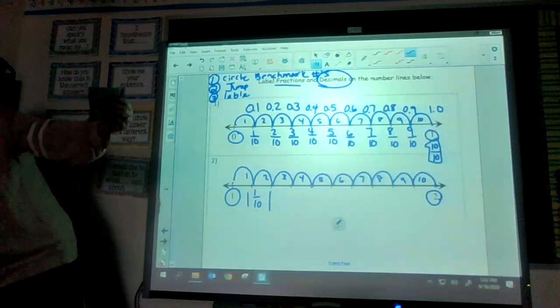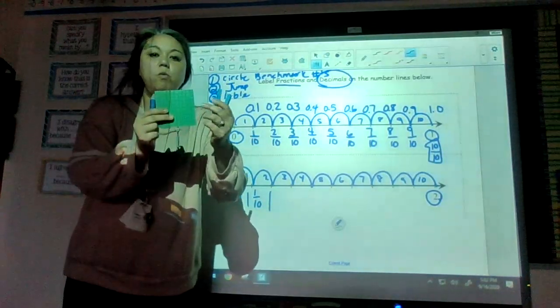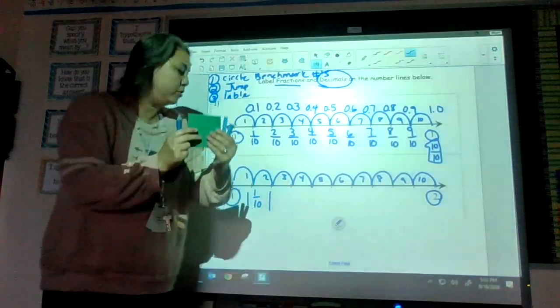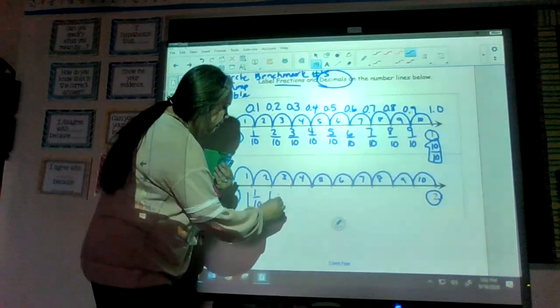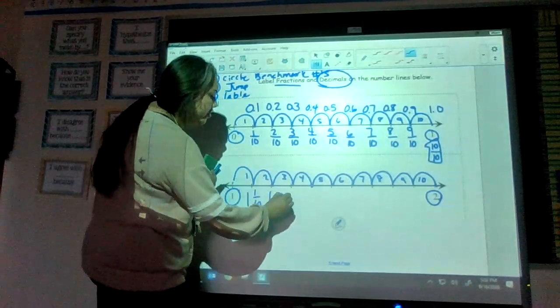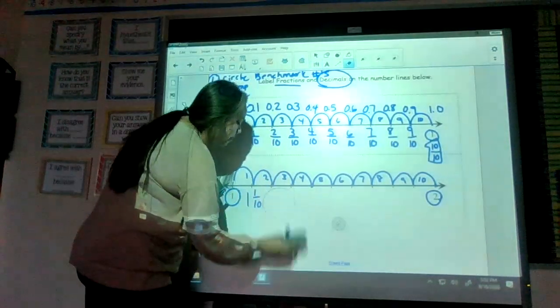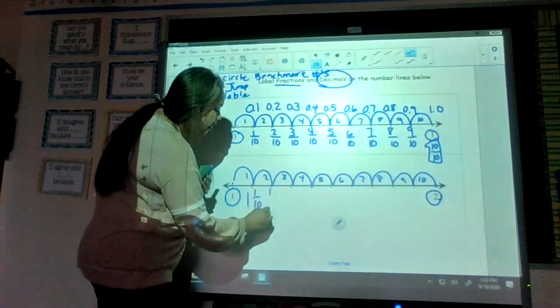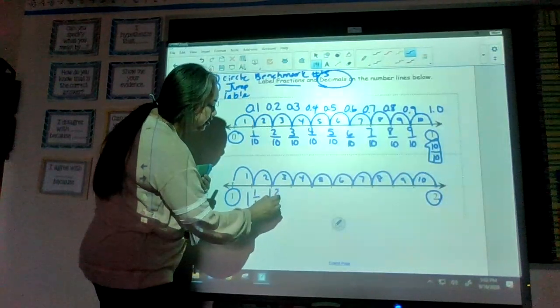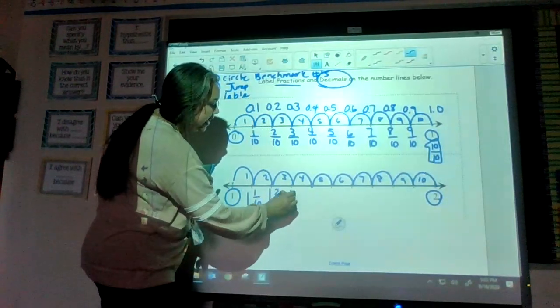Now I'm going to have 1 and 2/10. And then I'm going to add another tenth, which is 1 and, oops, I wrote it as a decimal, not as a fraction, I'm sorry. Remember, you say the whole number, and then we write the fraction, 2/10, 1 and 3/10.